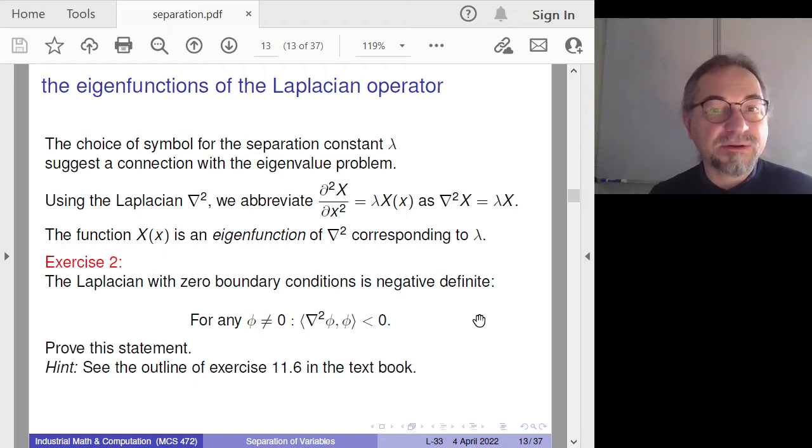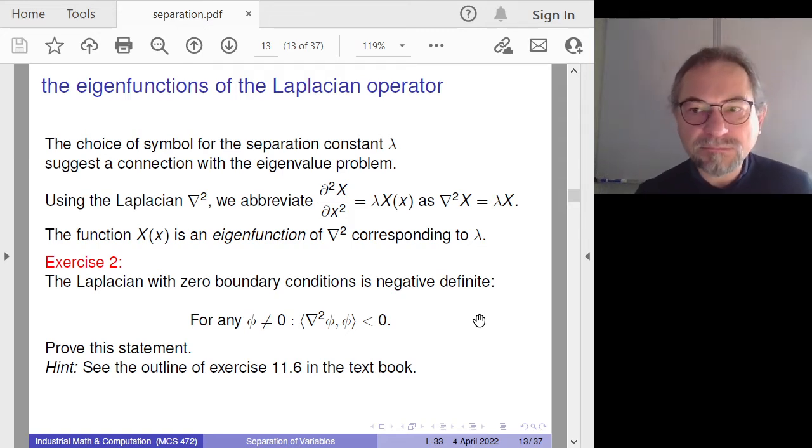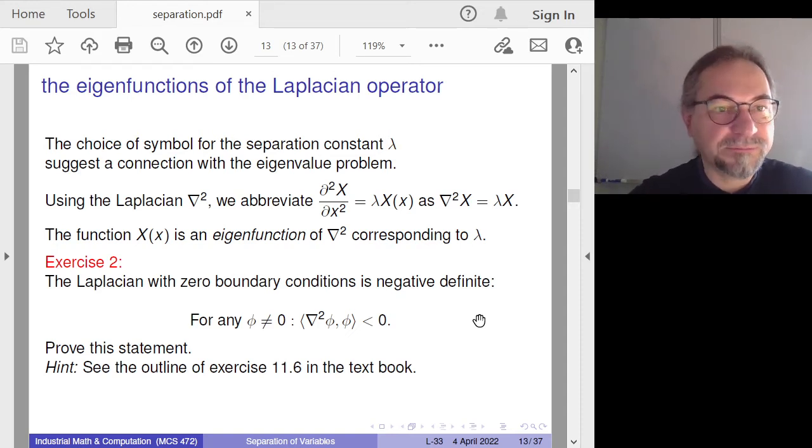So we have introduced operator notation last time, and I mentioned notation and choice of symbols. Well, the lambda, complicated Greek letter, is commonly used to define eigenvalue problems. So there is a connection with eigenvalue problems, but not the simple ones from linear algebra.